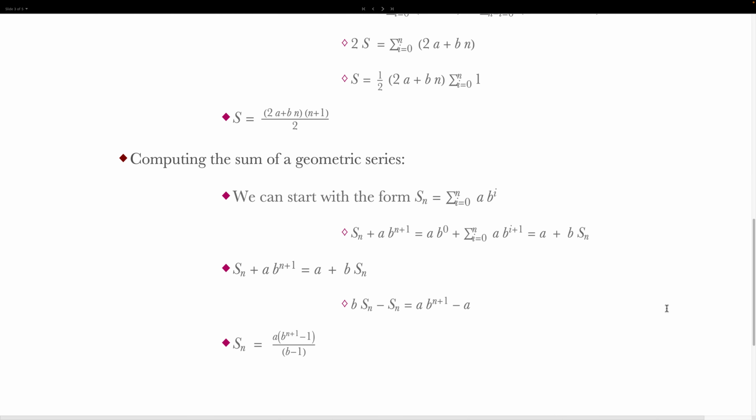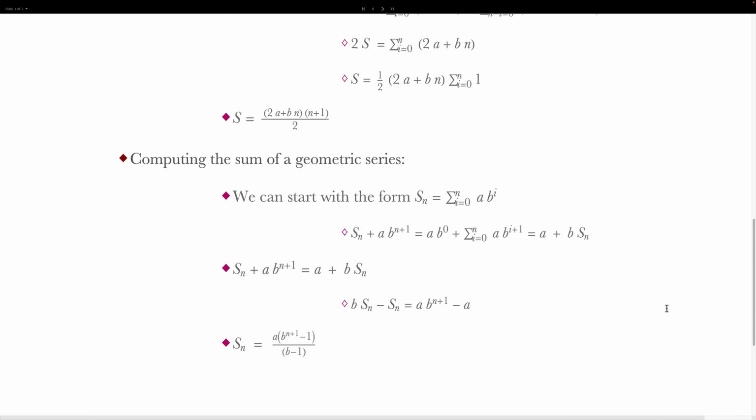Moving on, we can also compute the sum of a geometric series. We can start with the form S sub n is equal to the sum from i equals 0 to i equals n of a times b to the power of i. Then we can observe that S sub n plus a times b to the power of n plus 1 will be equal to a times b to the power of 0 plus the sum from i equals 0 to i equals n of a times b to the power of i plus 1.